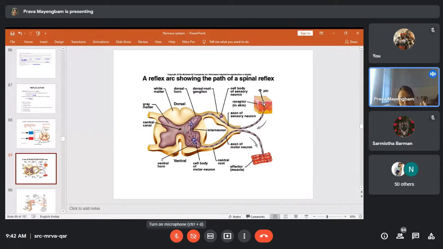When you get a prick by a pin, how your muscles respond, how your finger muscles or the leg muscles respond, that is the action, the reflex action, that is the reflex. So the stimulus is going through the dorsal horn and the motor action is coming through the ventral horn, and the action will be exhibited.